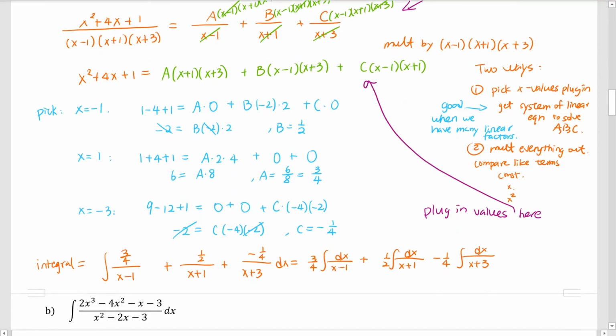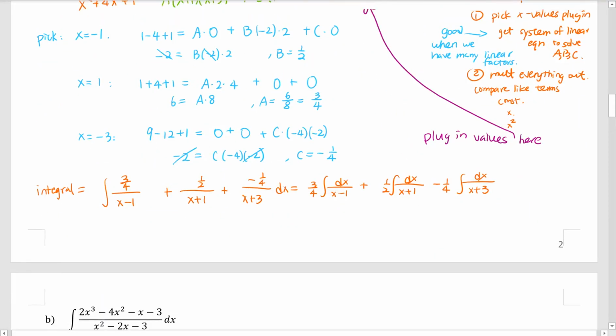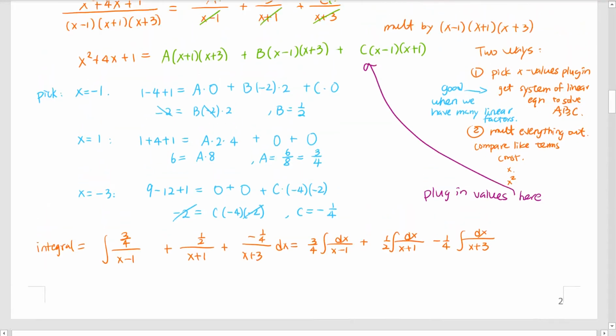Okay, so far so good. All right, so here you can see we can use substitution in our head. So for the first one you can think of u as x minus 1 and du is just dx. So then we have 3/4 integral of du over u, which is ln of absolute value of u.